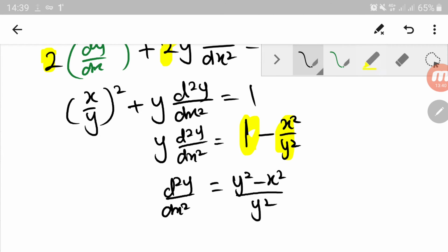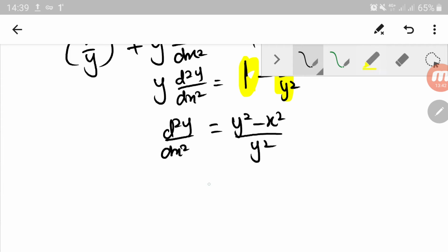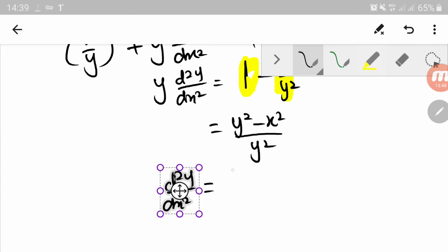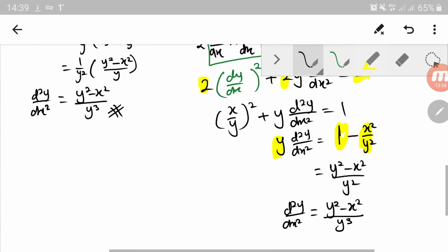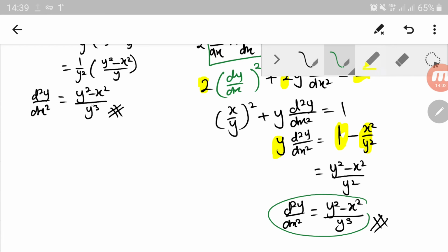Okay, and then this one copy, and maybe bring this one over here. And then we want to bring these 2 over there, so y squared minus x squared over y cubed. As you can see, the answer is just the same. The process is different.